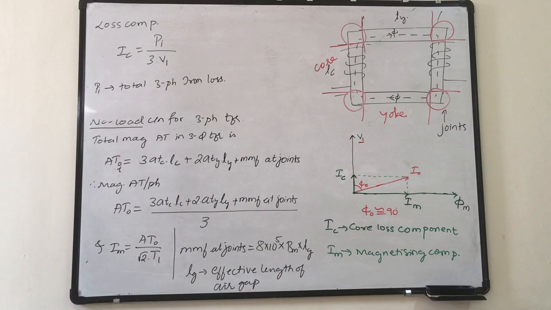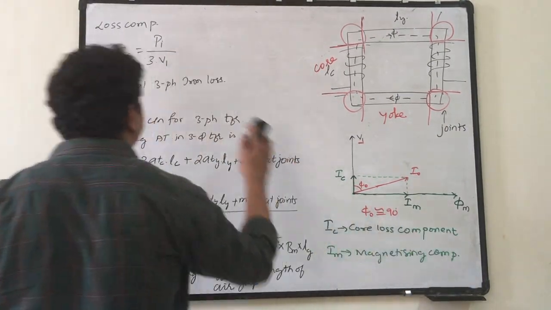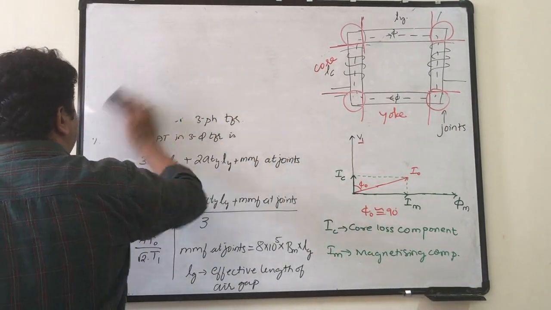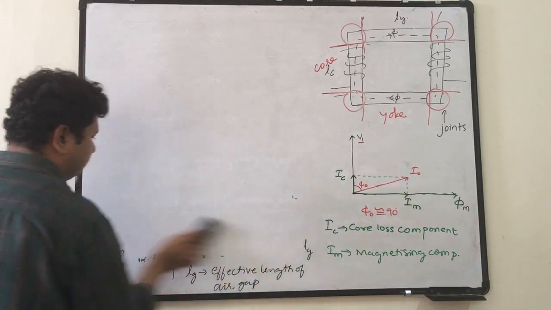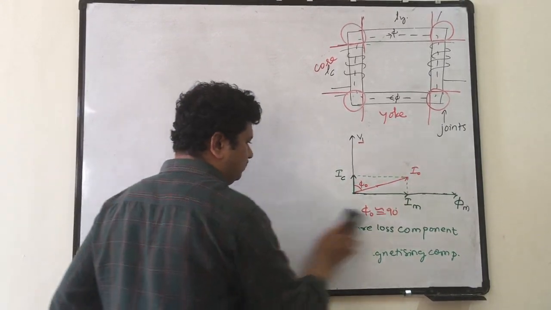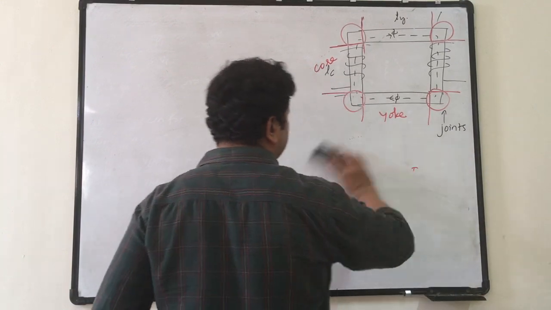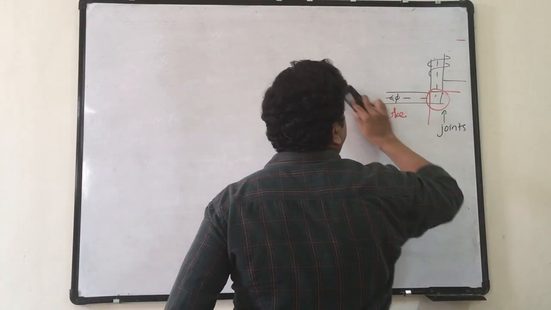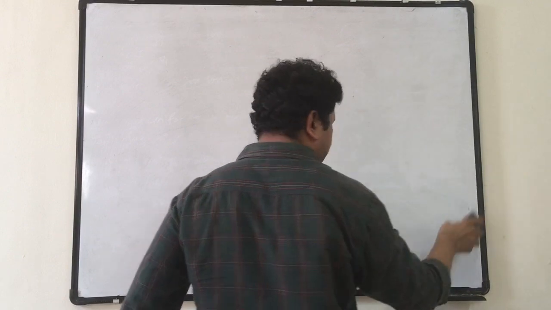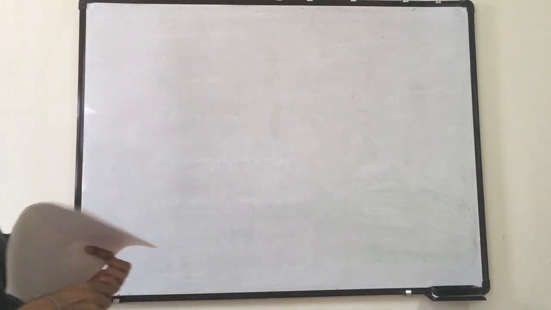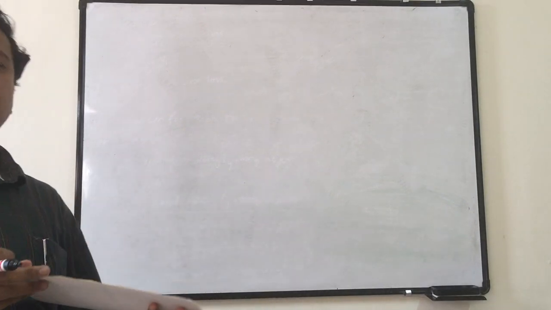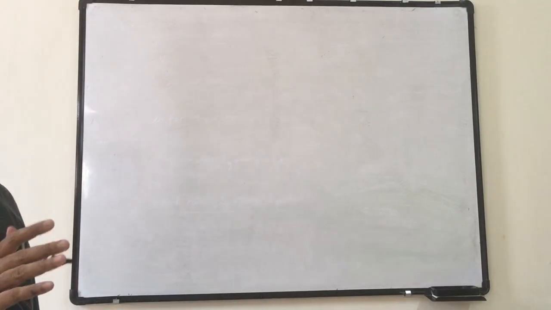So next we can have magnetizing volt amperes. Out of total volt amperes available, the magnetizing volt amperes will be there, loss volt amperes will be there, output volt amperes will be there. So whatever we consider V1 I1 equal to V2 I2, those are other than magnetizing volt amperes.